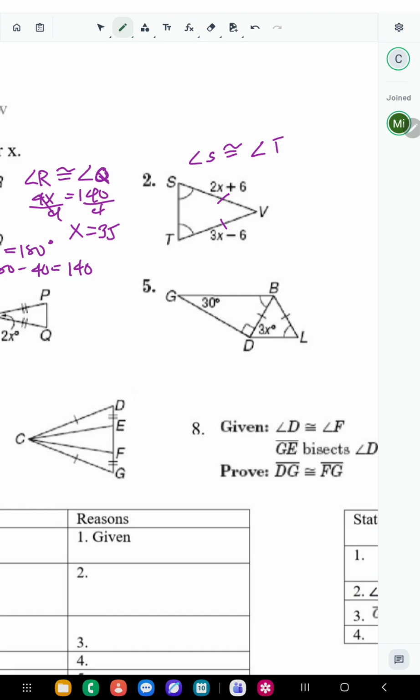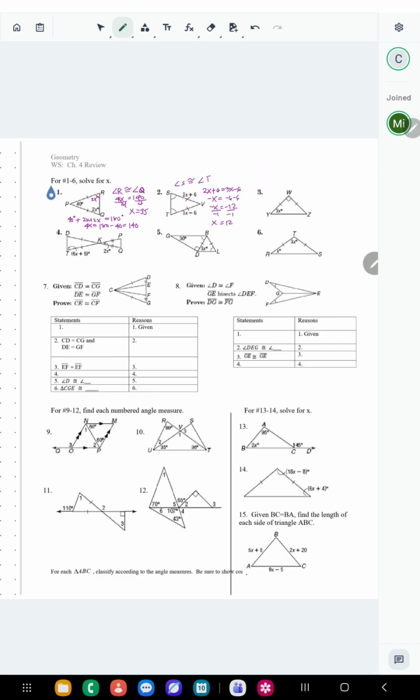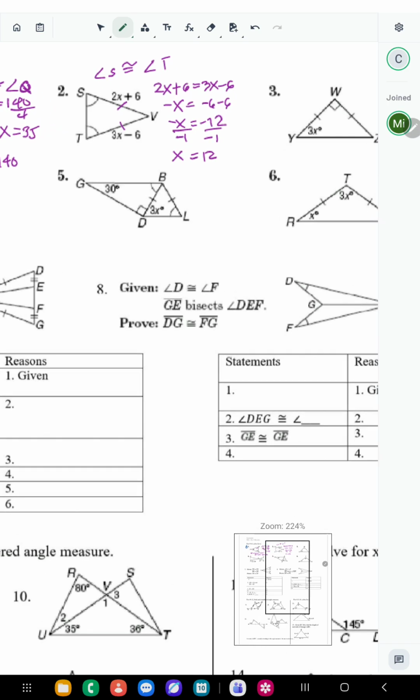So that is 2x plus 6 equals 3x minus 6. We combine like terms, so 2x minus 3x is negative x. Negative 6 minus 6, that is negative 12. Divide both sides by negative 1, so x is equal to 12. You got it?